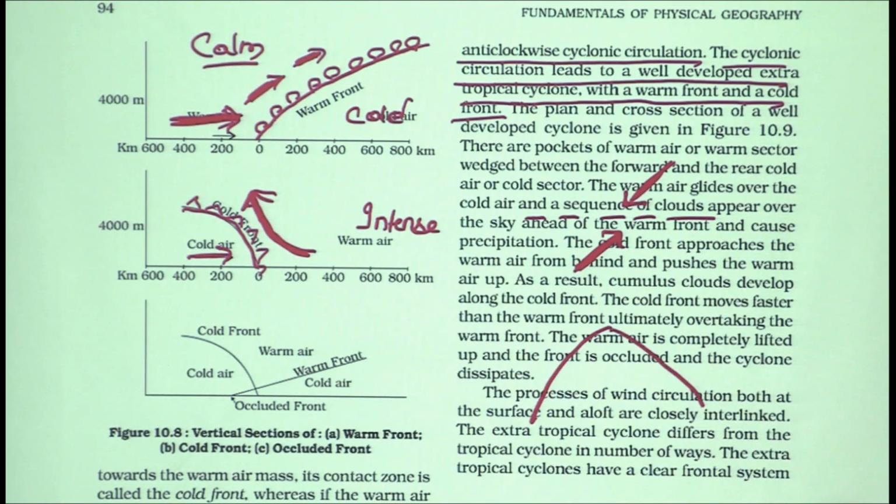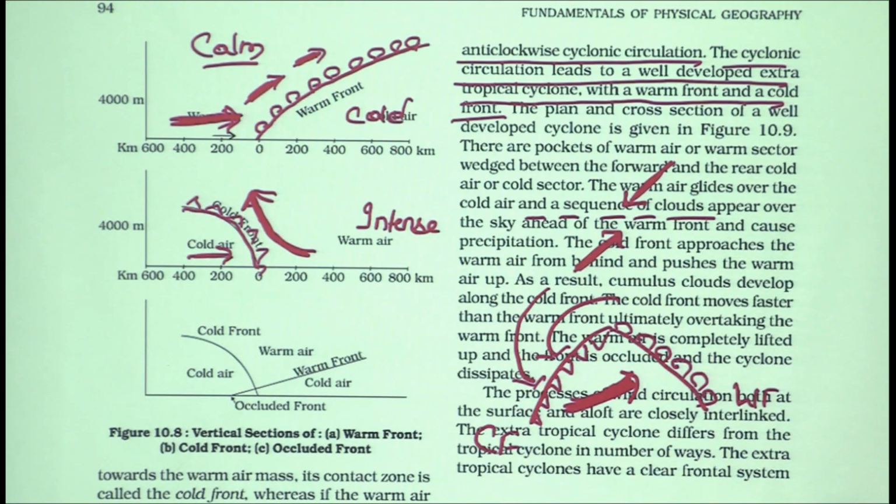There is the beginning of cyclonic circulation, which will have counterclockwise movement or anti-clockwise movement, as is written in our NCERT. So this will be warm front and this will be cold front.